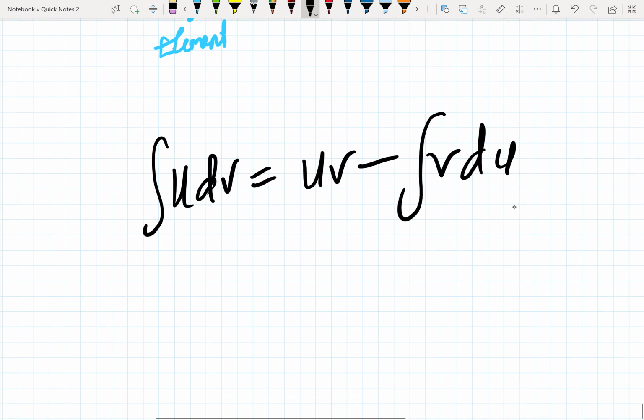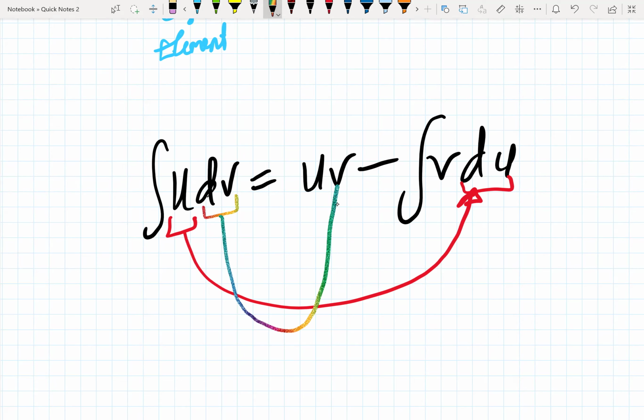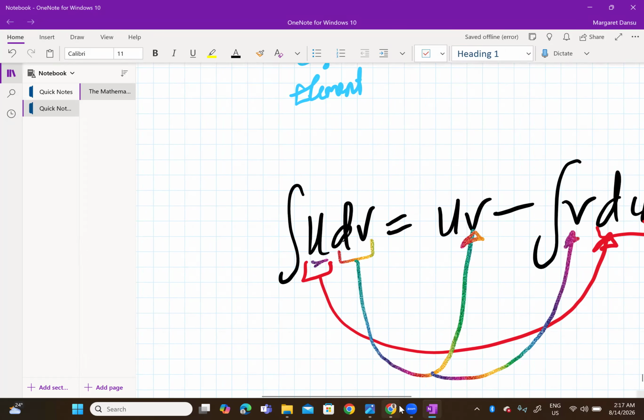So the u, you have to differentiate to get du, and dv has to be integrated to get v. So anything you choose as your u should be easily differentiable, and u prime prime is clearly a derivative.